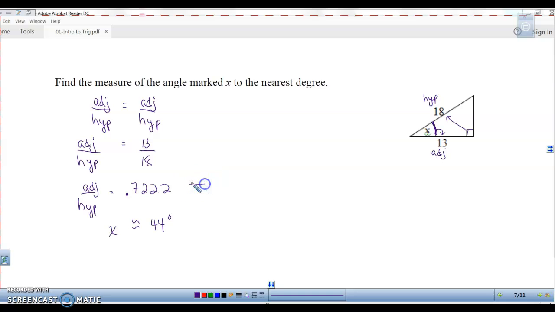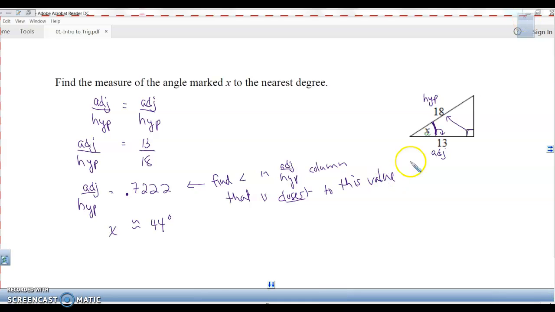So we find the angle in the adjacent over hypotenuse column that is closest to this value.